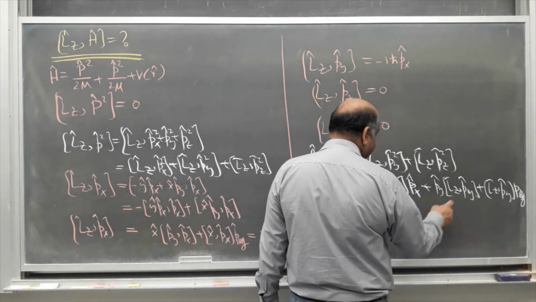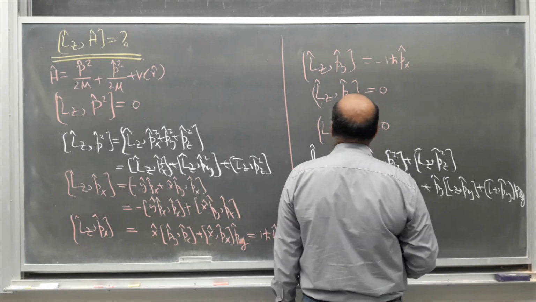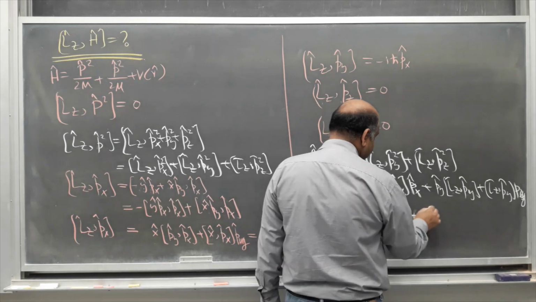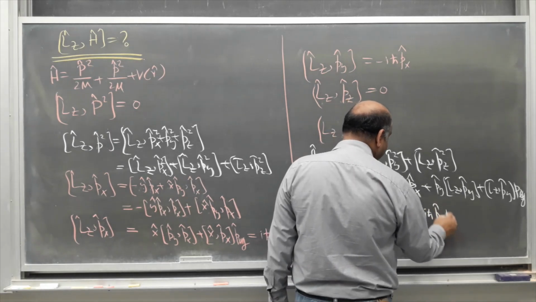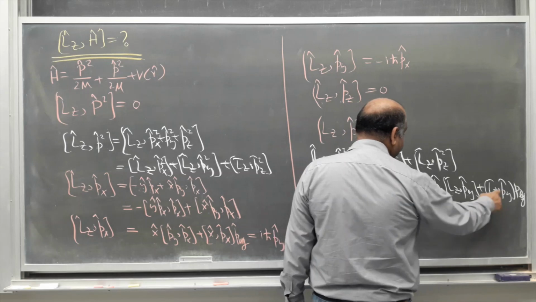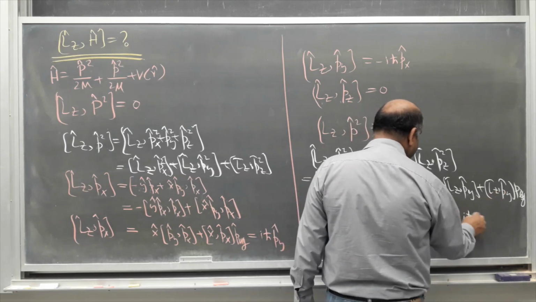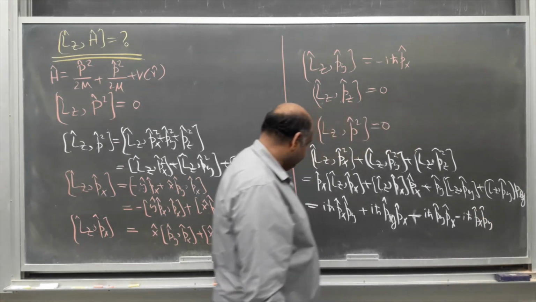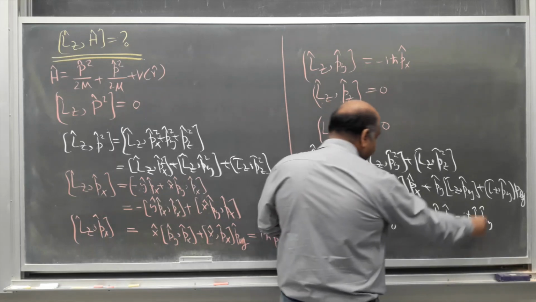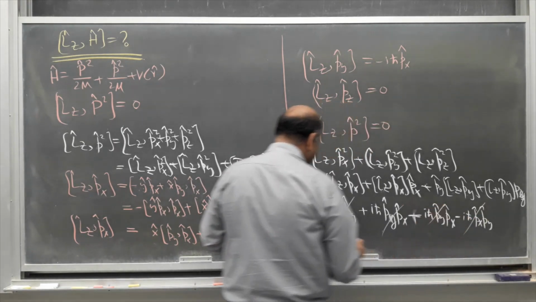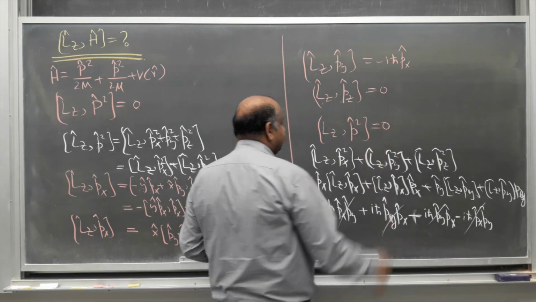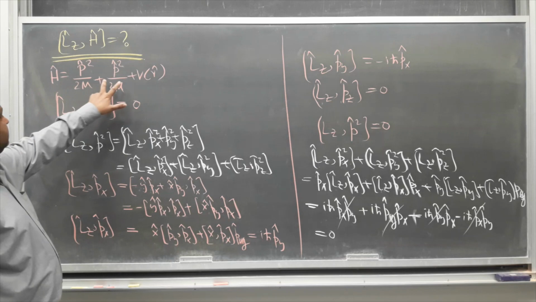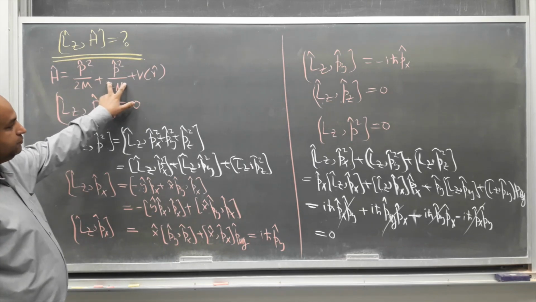So here this Lz py is minus iota h cut px, so I get minus iota h cut py px, and this is nothing but minus iota h cut px py. So this px py cancels with this one, and this cancels with this, and we get 0 as I have written here. So now we have seen that Hamiltonian commutes with this term also.